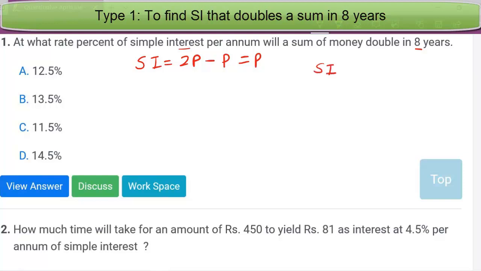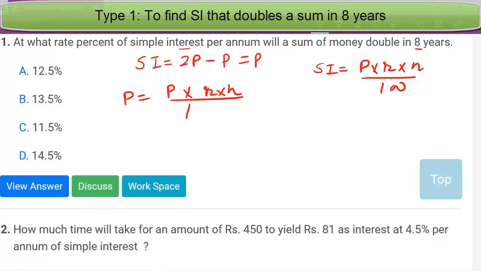So simple interest formula is equal to P multiplied by R, rate of interest, multiplied by number of years divided by 100, right? So we can apply this formula and then we can write P is equal to P into R into N by 100, and N is given as 8.